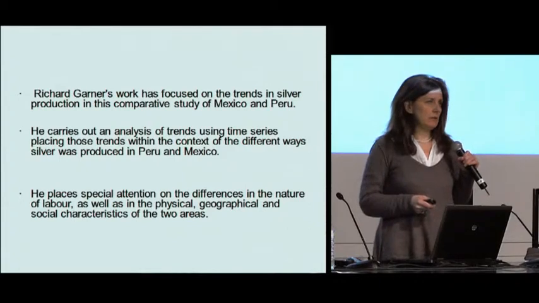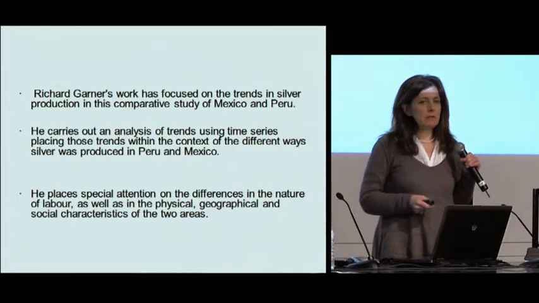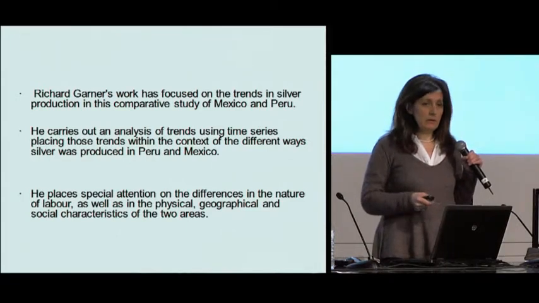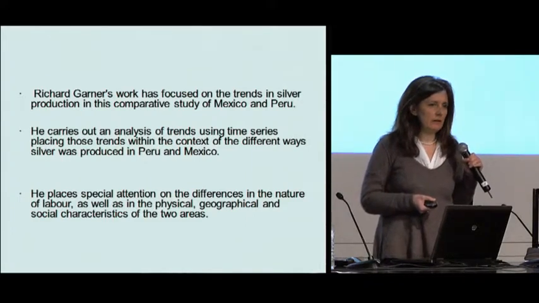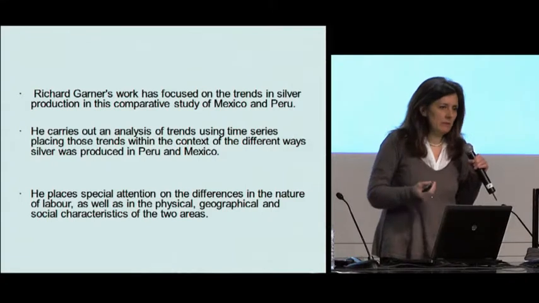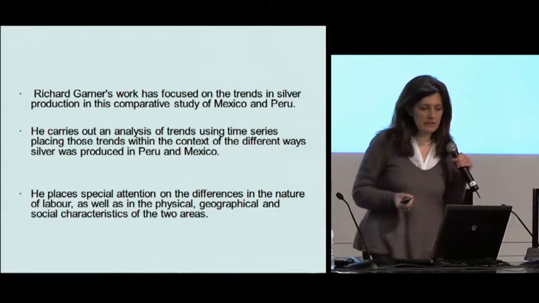He carries out an analysis and works out that there was an upward trend throughout the colonial period in the case of Mexico, right? And he uses ordinary least squares to work out this trend, which was like the pinnacle of sophistication in terms of statistics in the 1990s, when he published his studies.